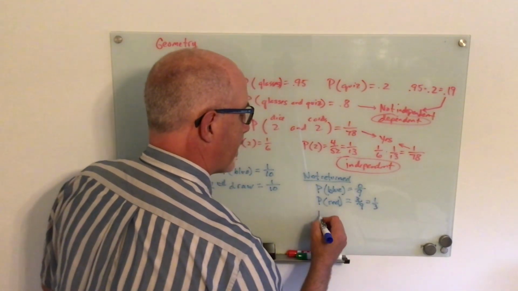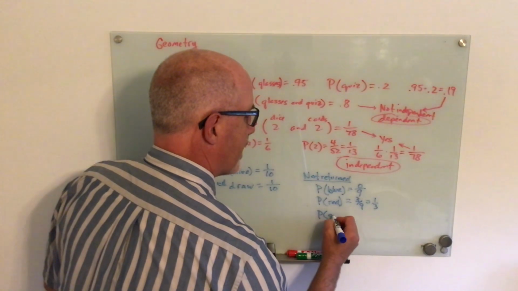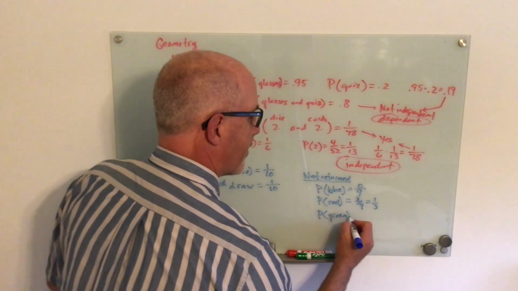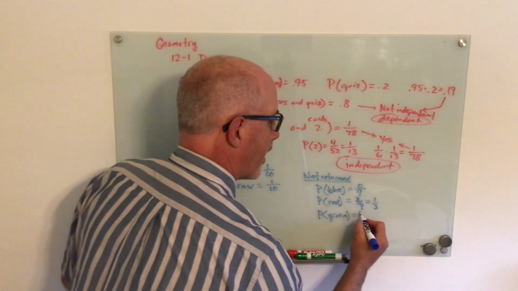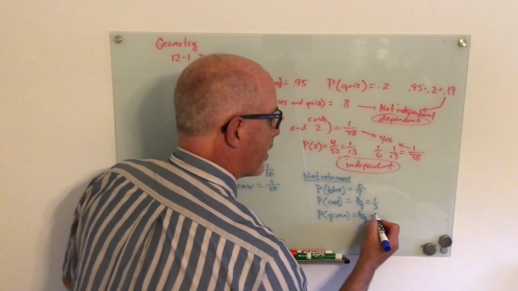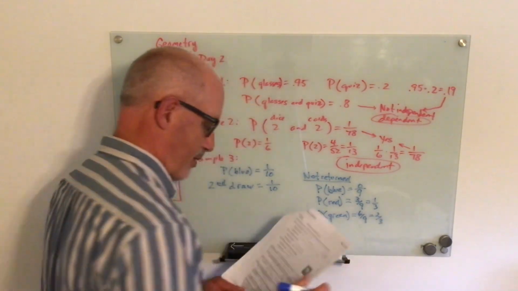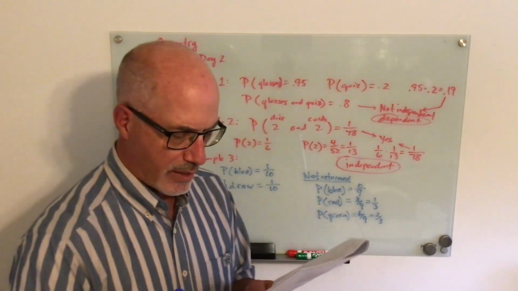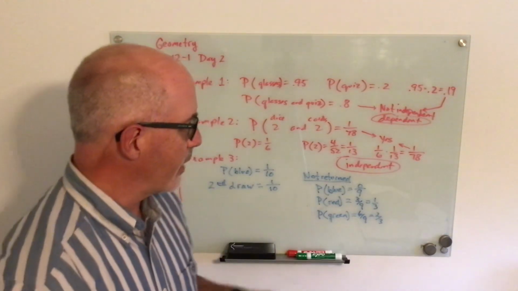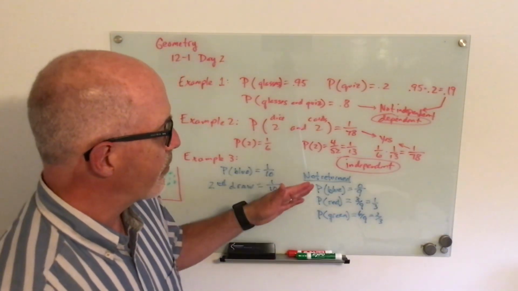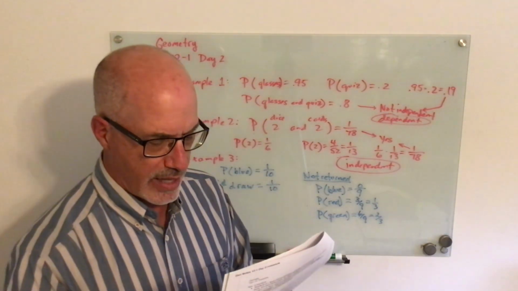And the probability of the green would be that there's 6 green out of the 9. So that would be 2/3 as a possibility. So those would be all of what we would have if we had picked the blue first out and didn't return it.